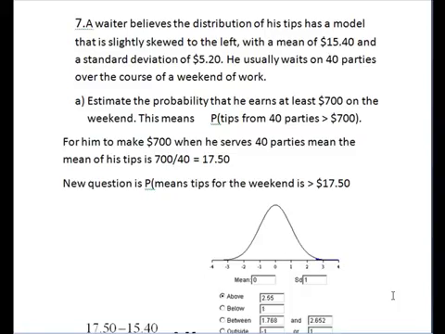So we're going to rephrase the question to say, what is the probability that the mean tips for his weekend exceeds $17.50? Now, interestingly enough, even though the distribution of tips is skewed to the left, the distribution of average tips is approximately normal because the sample size exceeds 30. It's 40.